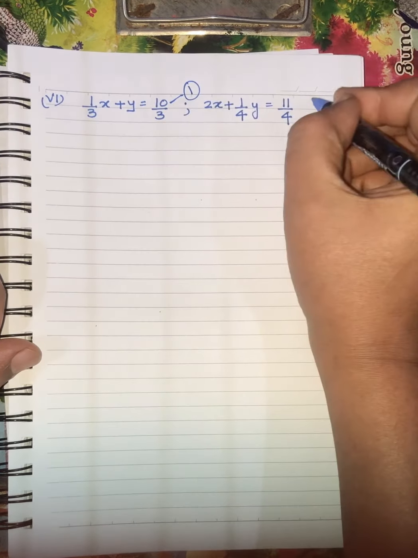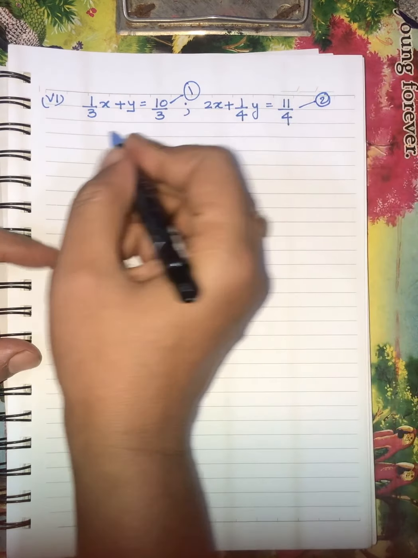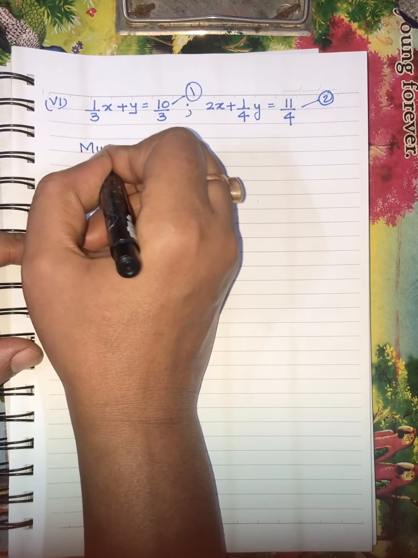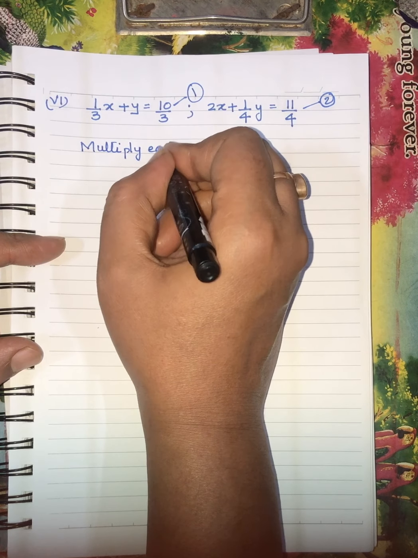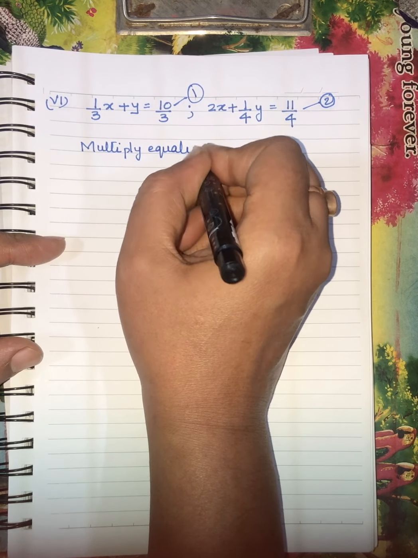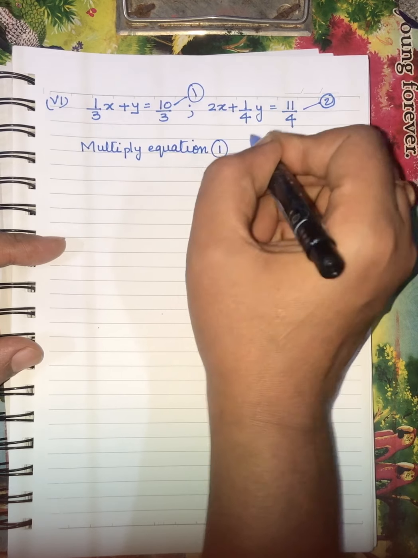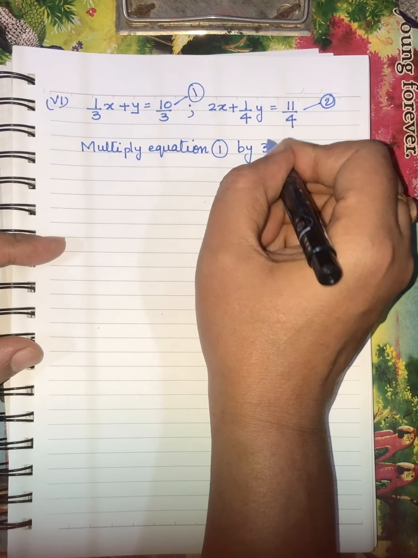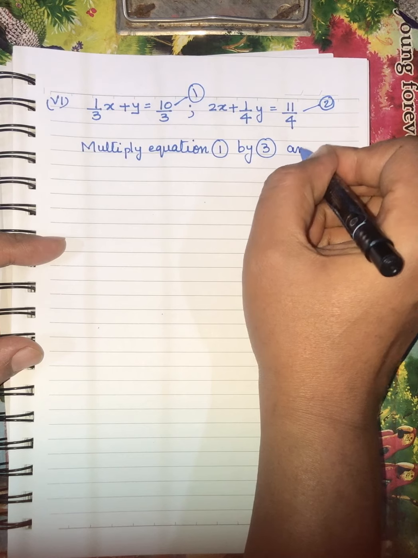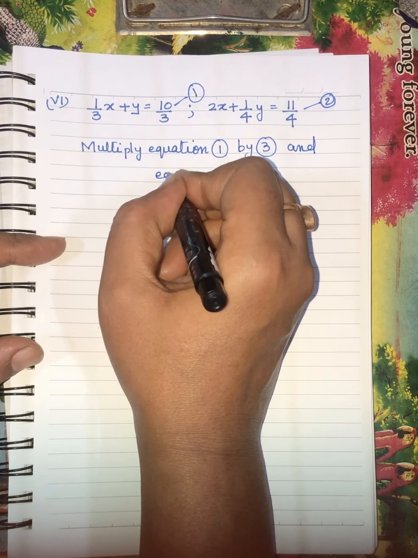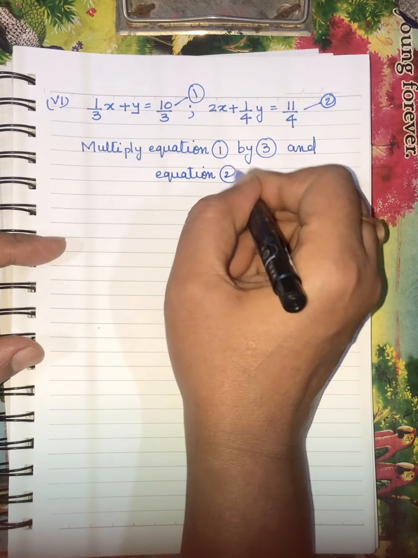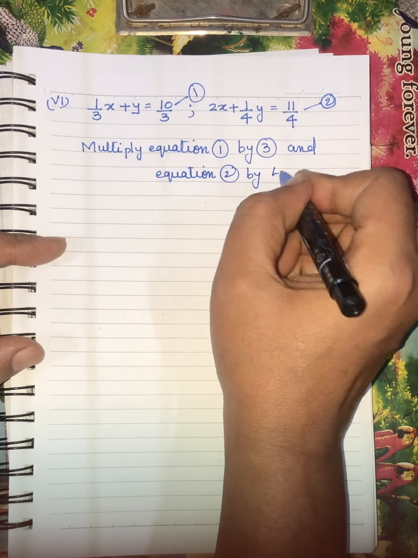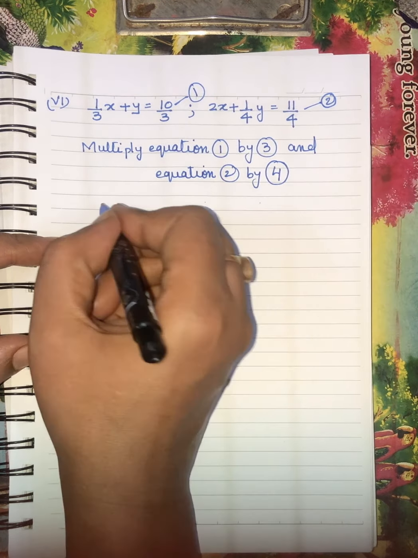The first equation and the second one: multiply equation 1 by 3 and equation 2 by 4. What do we get?